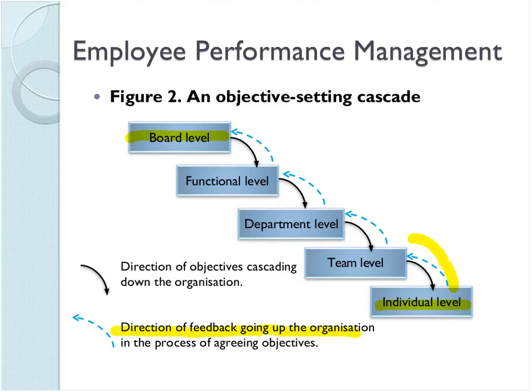So first, the main objectives of the company go from the top of the organization, from the top management to the department, then go, for example, to some specialists, right?